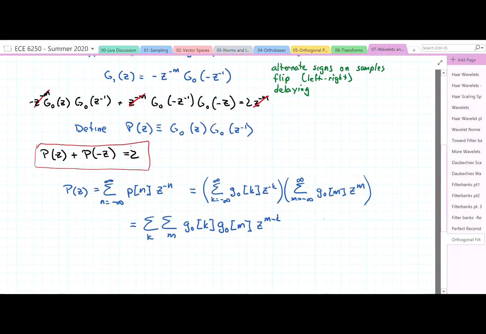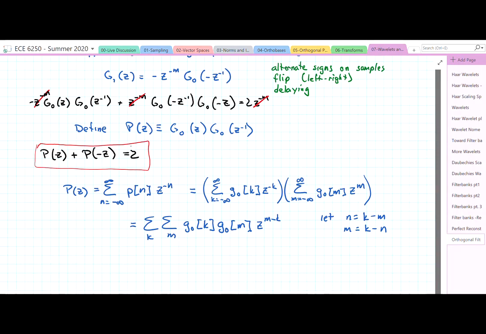Now we're going to do one of our tricks. Remember, there are two basic tricks that solve most problems. One is a change of order, moving things in and out of summations and swapping the order, and the other is swapping variables.